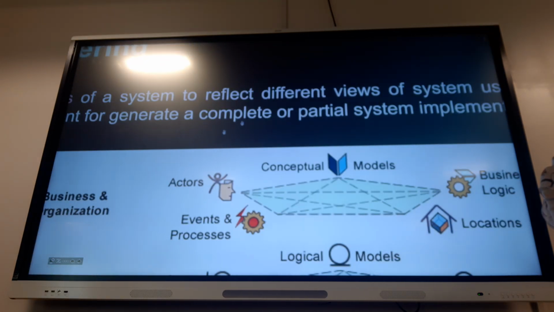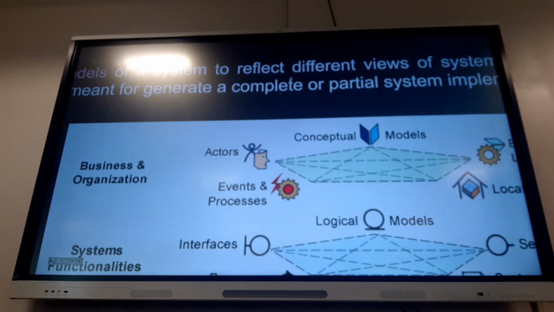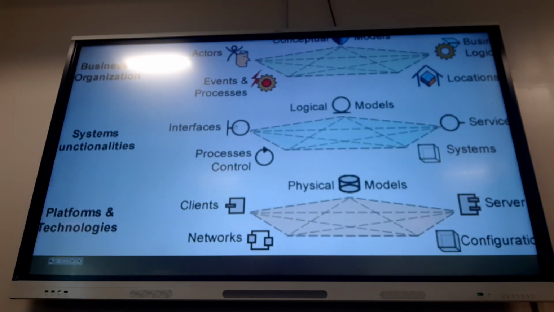And this will simply help you generate complete or partial system implementation. Again, keep in mind, when dealing with these stages, we're not working offline. We're part of a process. And based on the process that you choose, you can make either incremental deliverables or a one-time deliverable, like in waterfall. So here, this will help you define either complete or partial implementation.